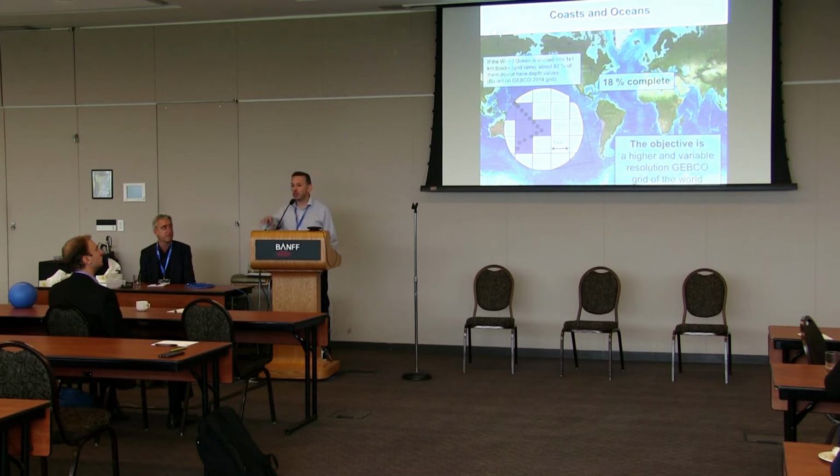Clearly in some of those cells there are many points, but that's the minimum. So there's a big job to do. The objective of Seabed 2030 is to create a higher and variable resolution grid of the ocean so that we can use it in these predictive and analytical tasks that we might want to do.